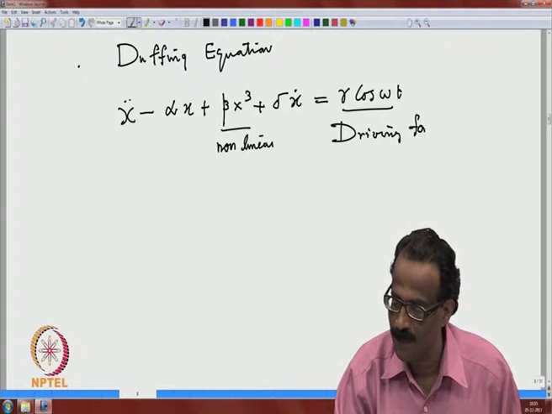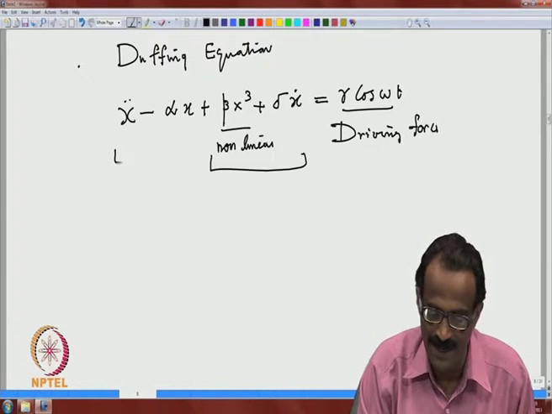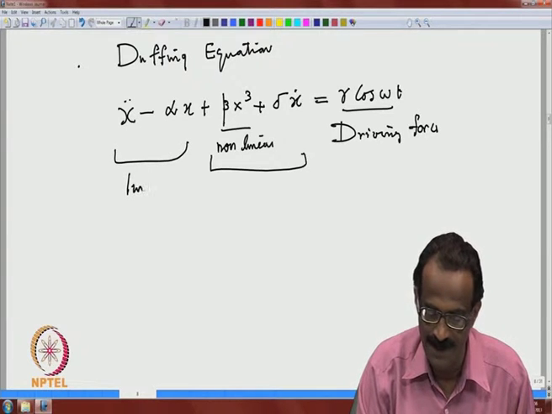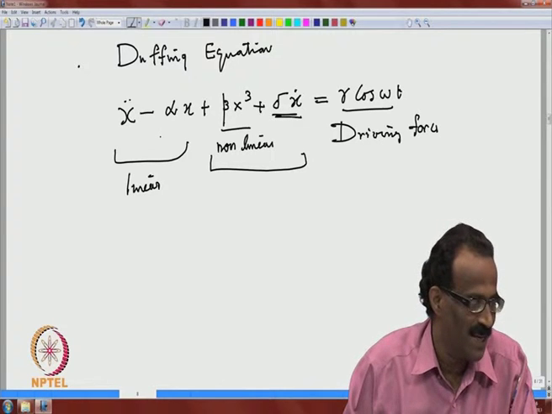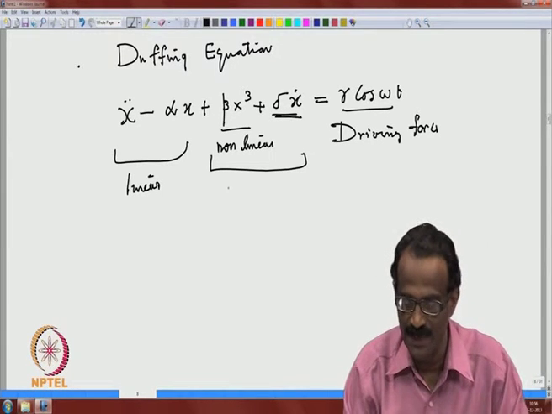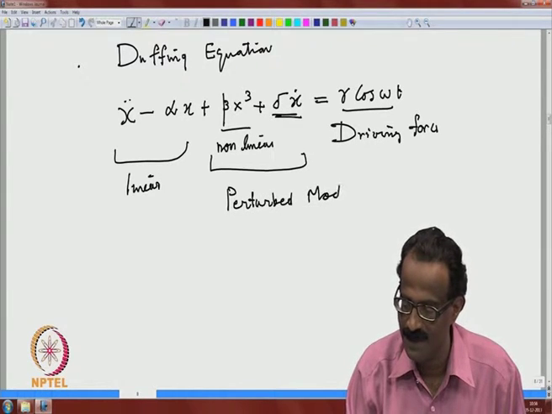Of course, if beta and delta are 0, this part is just the simple linear oscillator. So you can think of it as a perturbed model of the linear one.